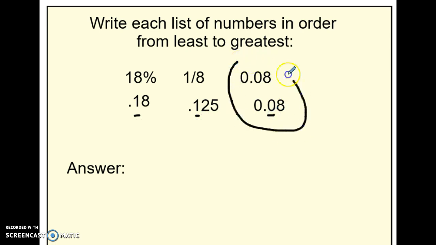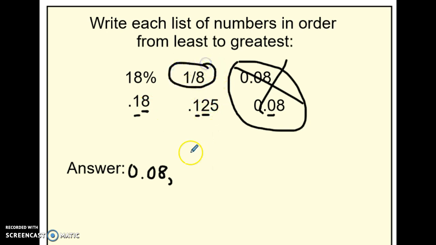So I know that this is my smallest number, and I'm going to write it in my original form here. All right, then I'm going to take a look at these. The next digit after the decimal point, I have a 2 and I have an 8. So that means 1/8 is the next smallest. And then my last number is my greatest.